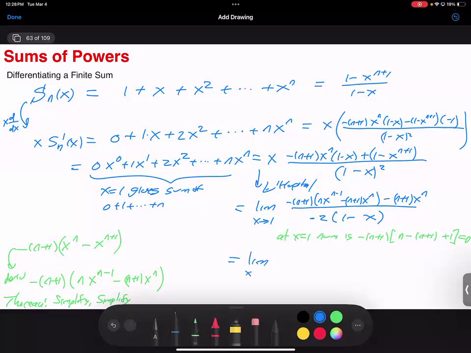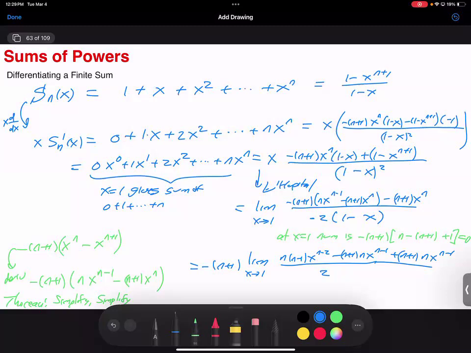What do we do? L'Hopital again. Take the limit as x goes to 1. Do you agree that it's worth pulling out the -(n+1)? Yes? So now, what's the denominator? Do we agree the denominator is just 2? The numerator is going to be n times (n minus 1) x^(n-2) minus (n+1) times n x^(n-1) plus (n+1) times n x^(n-1).